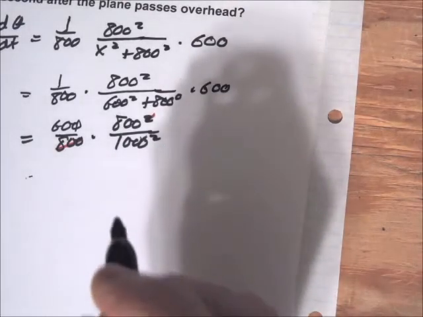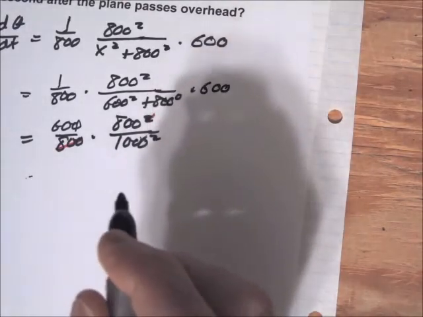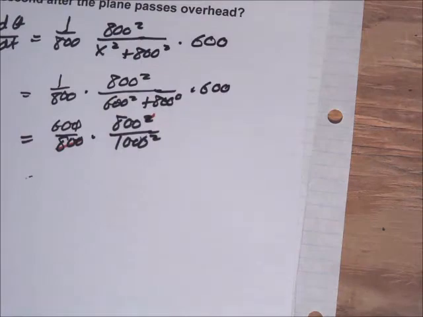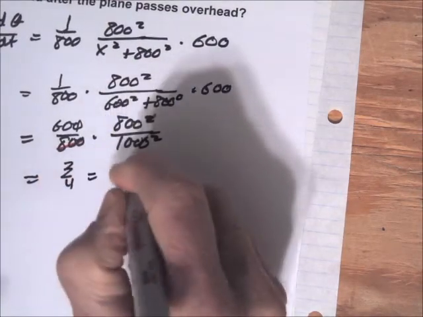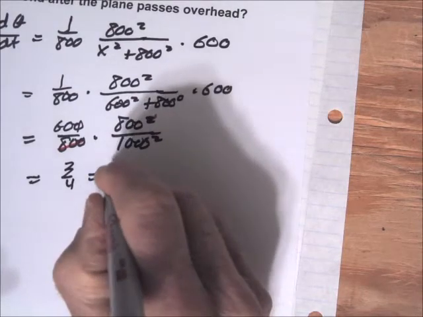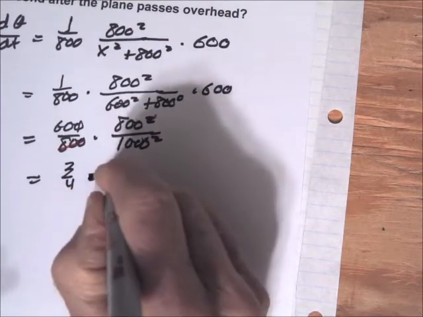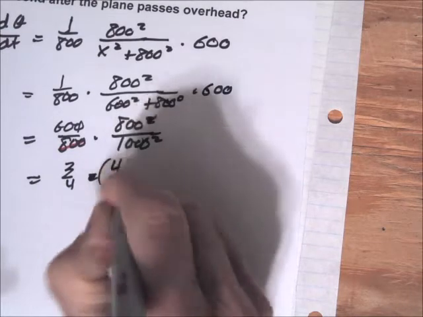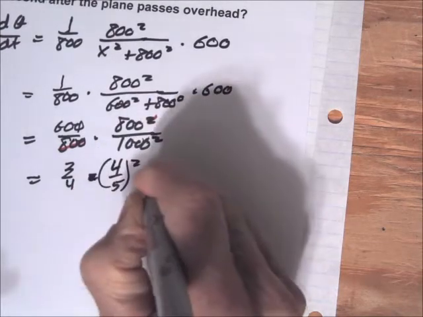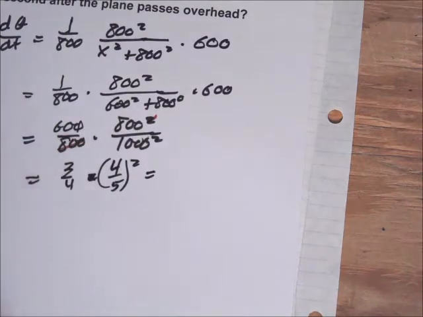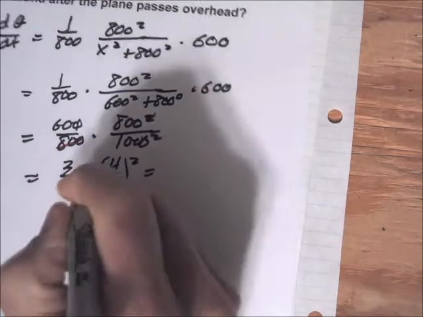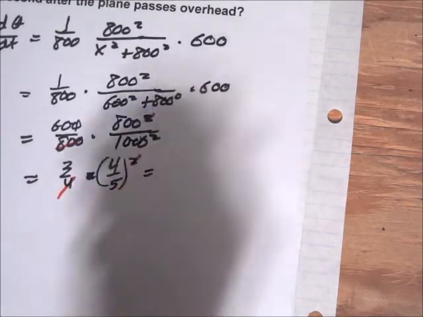Actually, let's do it this way. We'll reduce this fraction here. This is 3/4, and this is 8 over 10, which reduces to 4/5. So it's 3/4 times 4/5 squared. One of the 4s will cancel on the bottom and the top.